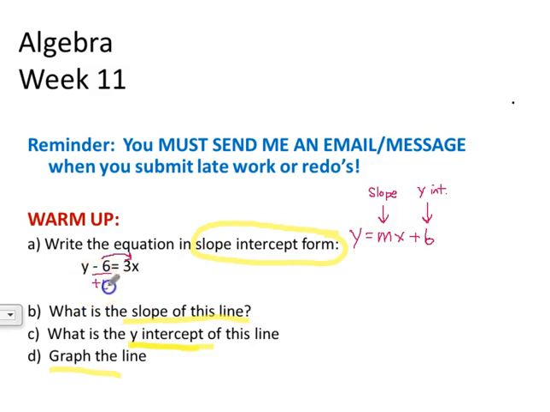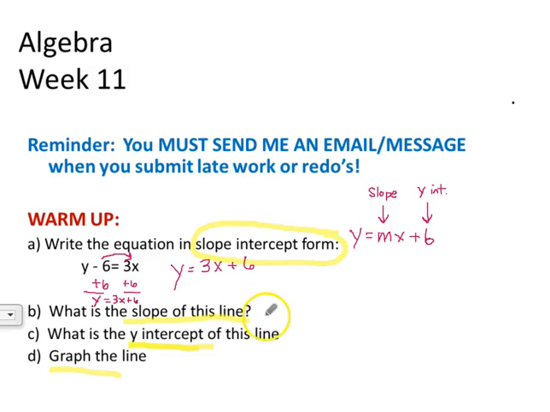And to do that, we're just going to add 6 to both sides, and we will accomplish our goal. When we add 6 to both sides, we are left with y equals 3x plus 6. And I'm going to write that up here a little bit bigger. Y equals 3x plus 6, because we added 6 to both sides of the equation.